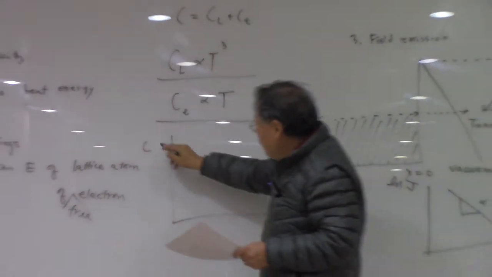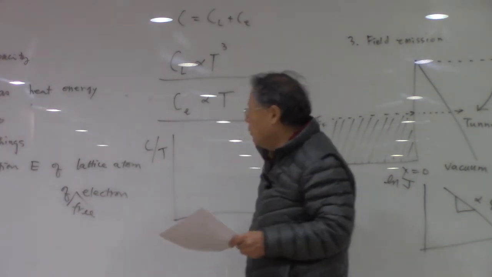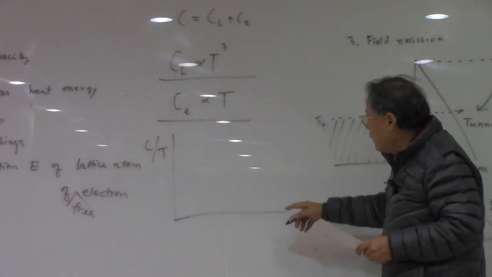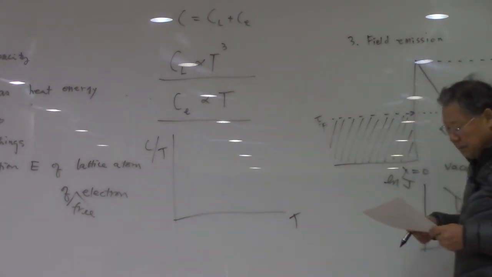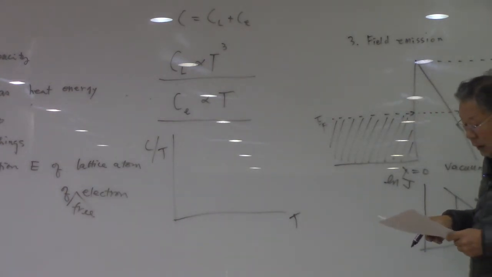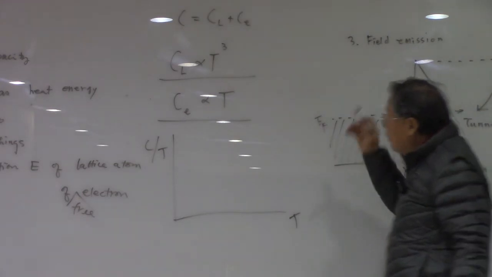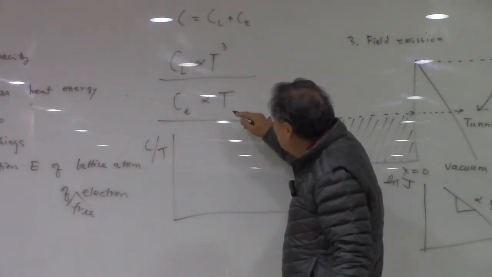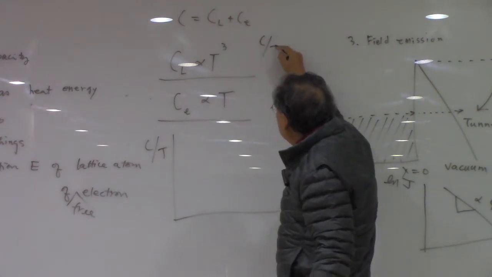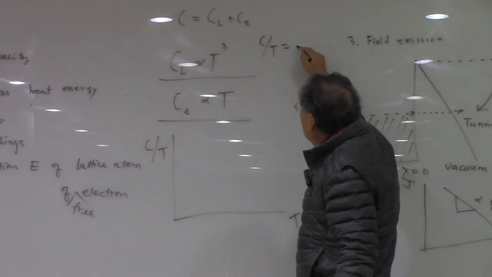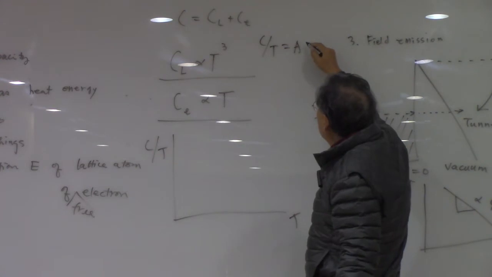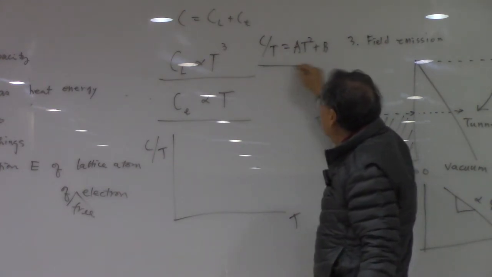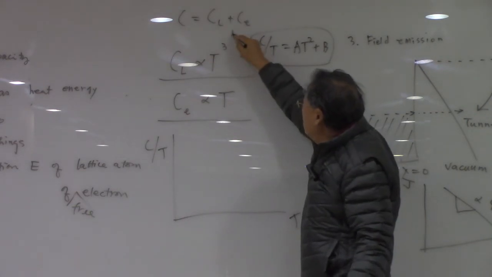So if you divide that by the temperature, then what you're going to have is C over T equal to something like A T squared plus B, okay, from here.